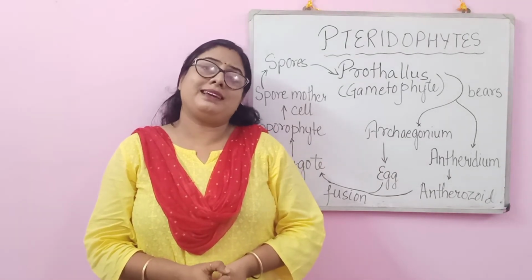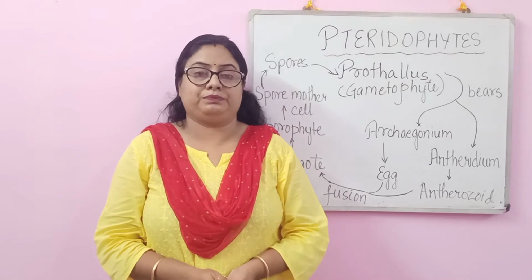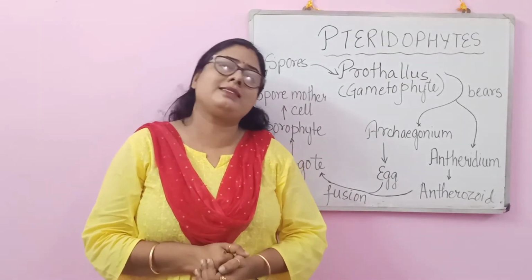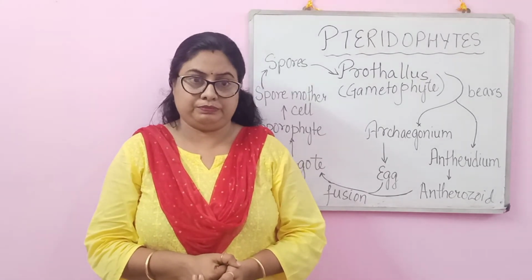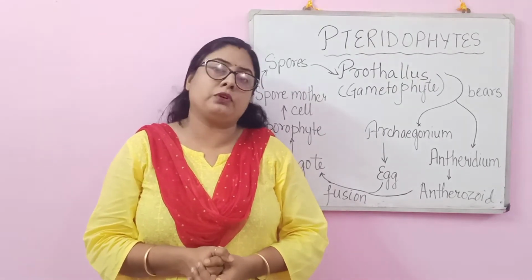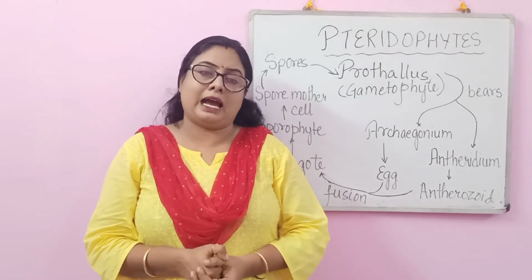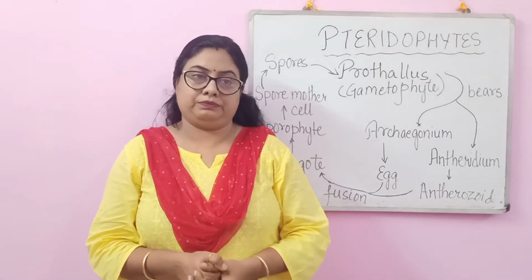The gametophyte is the independent living stage which has a thalloid structure called the prothallus, and it is usually green and autotrophic.